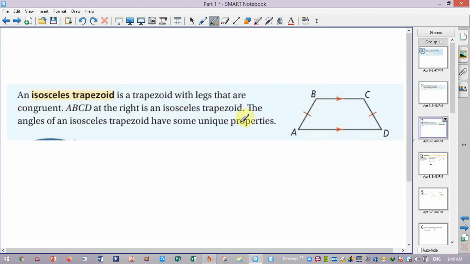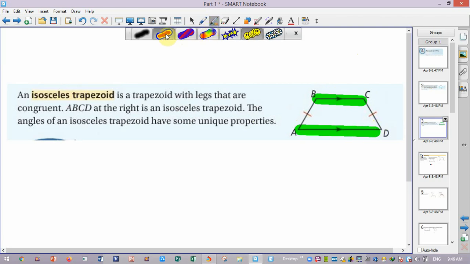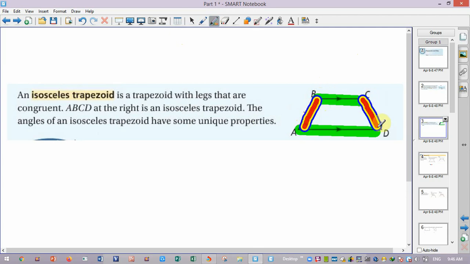Isosceles trapezoid. What's a trapezoid? Only one pair of parallel lines. They are called bases, and the other two sides are not parallel. This one and this one are called legs.